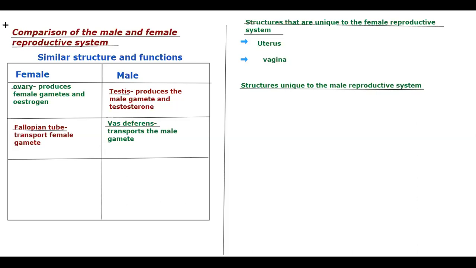All right, so what the man has that the female doesn't have anything similar to would be the penis. So the female doesn't have anything that looks like a penis. And also the glands.